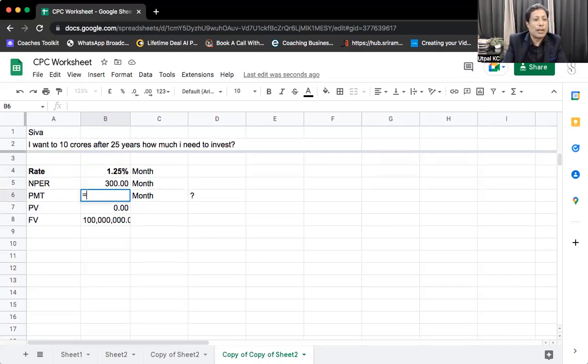The PMT will come automatically as minus. So 30,449 every month you will have to pay. Got it? This is how it has been calculated.